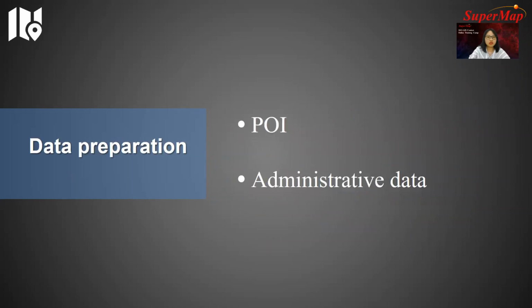Let's take a look at what data we need. We need two types of data. The first one is POI, which includes the public service facilities. And the other one is the administrative data.